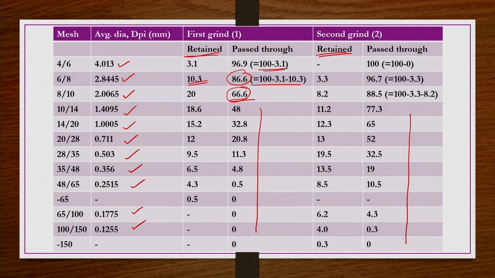In the second grind, no material is retained on mesh 4, so all the material passes through mesh 4: 100 minus 0, 100.